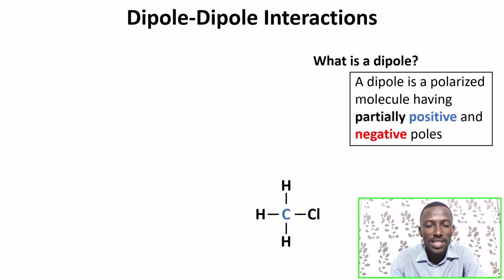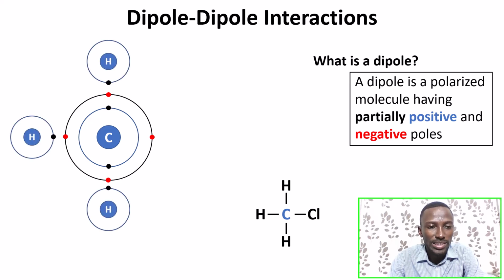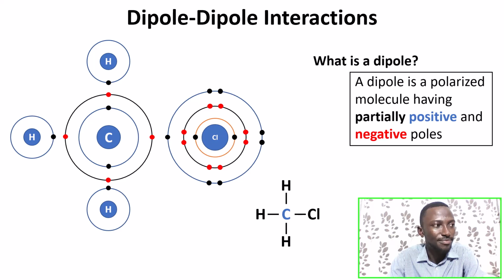We'll explain what a dipole is using chloromethane. Chloromethane. That is what you have on the screen. CH3Cl. Chloromethane is formed from a bond between carbon, 3 hydrogens, and a chlorine.